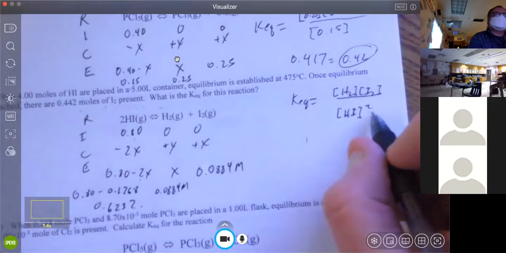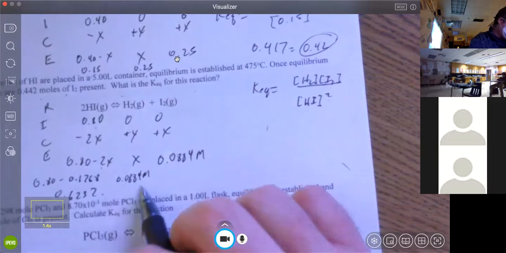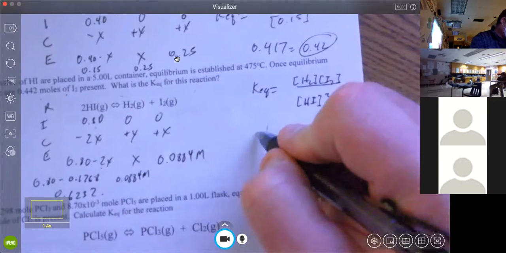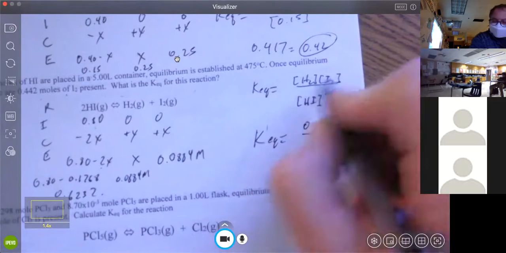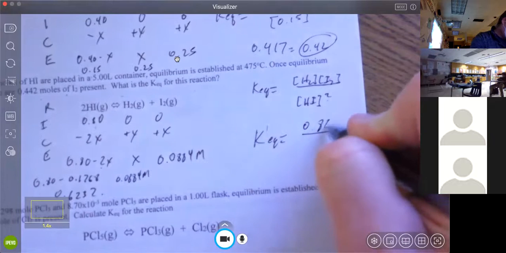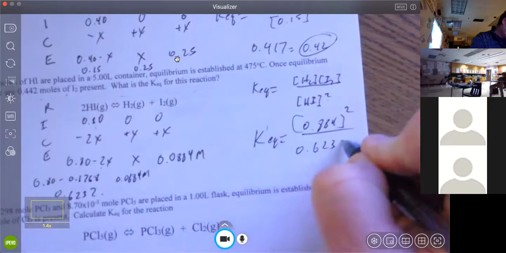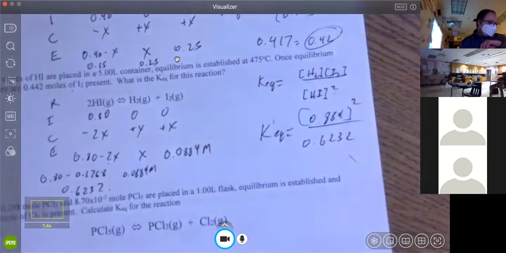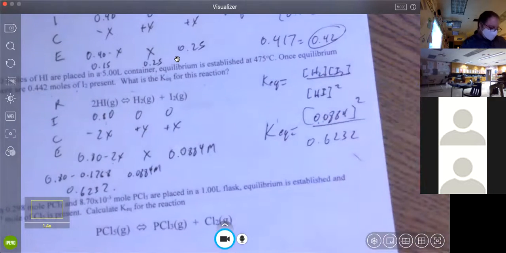Remember, we are going to square that, and we'll get 0.0884 for the product. We are going to square that as well, because it's x and x right here. 0.0884 squared divided by 0.6232.